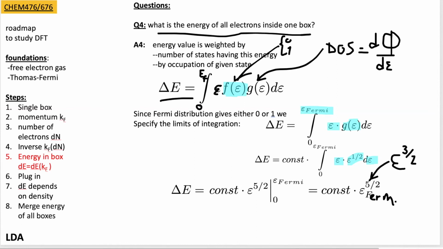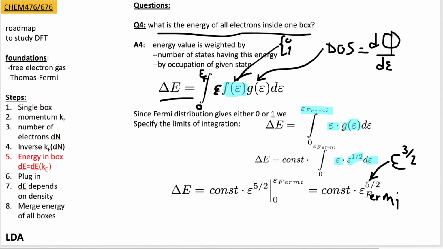So here is the consideration that the energy of all states inside the box will be equal to the Fermi energy to the power 5/2. Okay, and I'll speed up. I'll be finished quite quick.